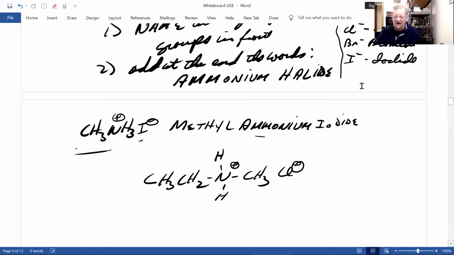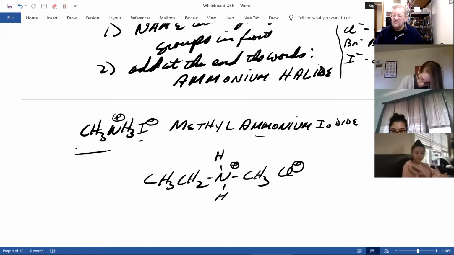Again, what would be the common name for that molecule? Questions like this will be on test 3 for nomenclature. I will have you give the common or IUPAC name for the following.